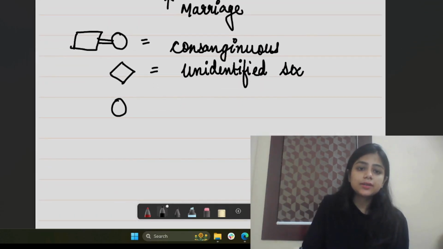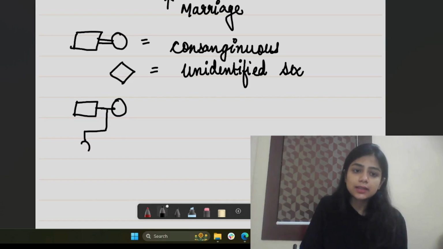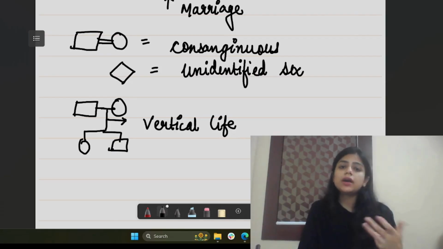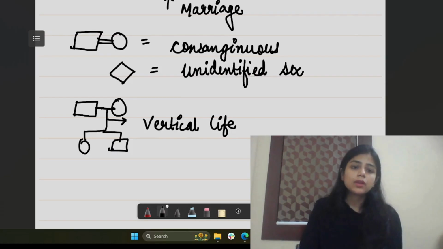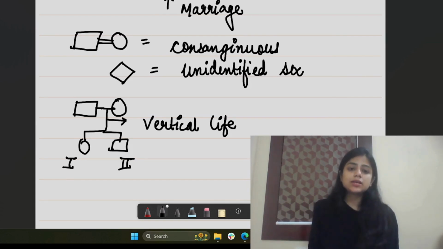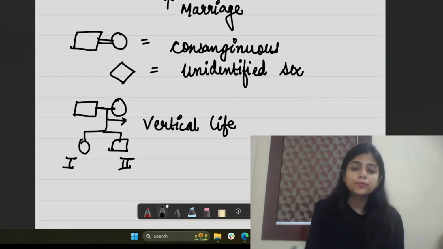If we consider this to be a marriage between the male and female, the vertical line states that the married couple has offspring. Vertical line means after marriage, they are having offspring. Whenever we are counting the offspring, we take it to be the first one, and in this order it will continue on. So that is the basic concept behind the symbols.